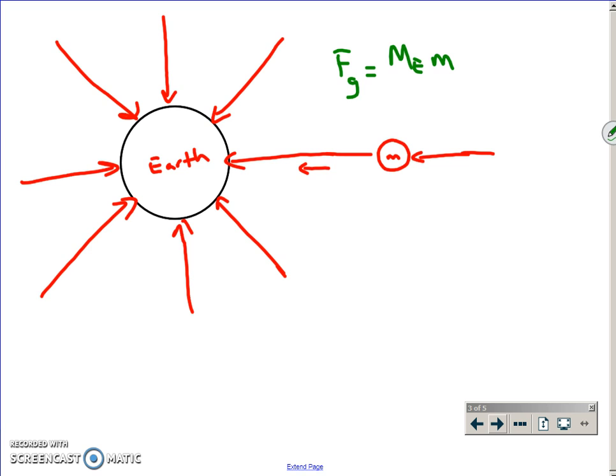Less obvious, but it should make sense, is where you are in the field. If the little m is right here, it's going to feel a certain strength. If it were right here, we'd expect the field intensity to be stronger, simply because you're closer to the Earth. It's kind of similar to an aura that may surround a person. A certain person might exude a certain confidence, let's say.